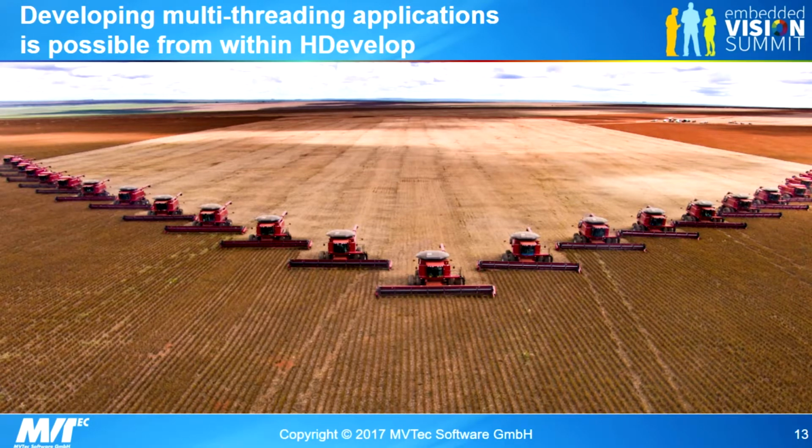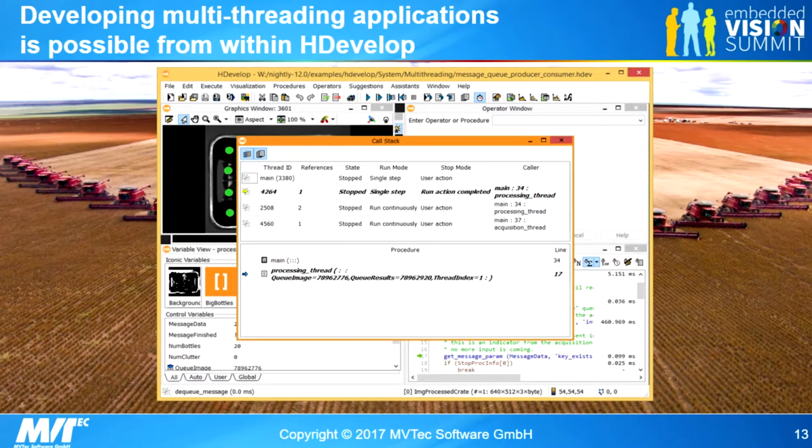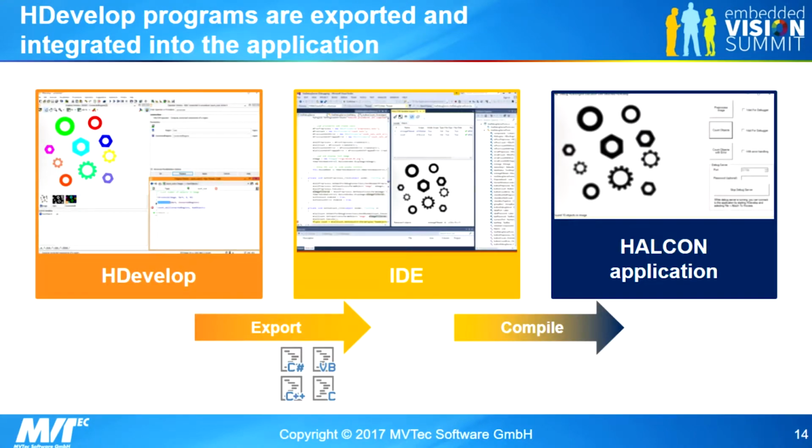Multi-threading applications is also possible to develop within our integrated development environment, so that customers actually can perform different visual inspection tasks on a single image. So this is also something which we think is very important, and this integrated development environment allows us to make the development pretty easy.